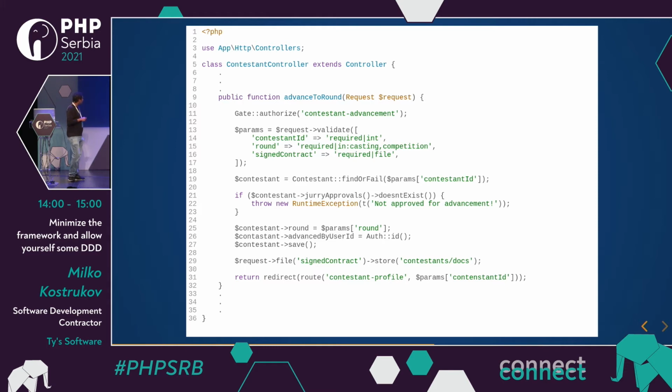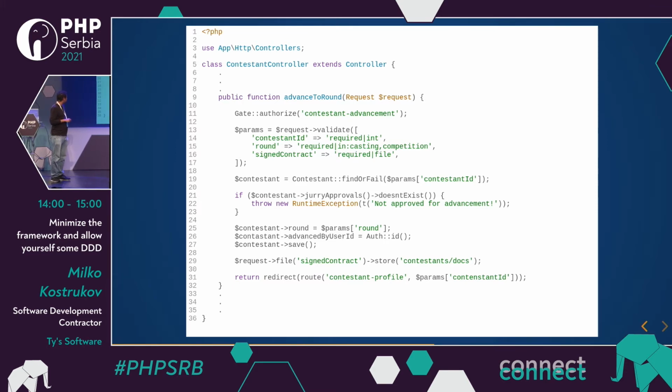Then we find the record for the contestant here. We find or fail based on the validated parameters. We get the contestant. And if the contestant is not approved by the jury, or if jury approvals do not exist, then we throw a runtime exception in which we set a message, not approved for advancement, because our users need to know what's going on. And then we set a round.